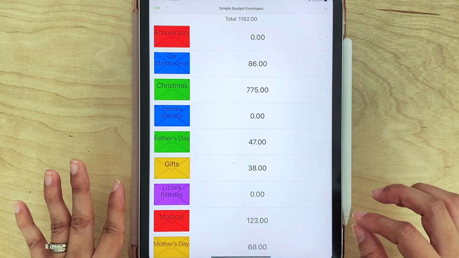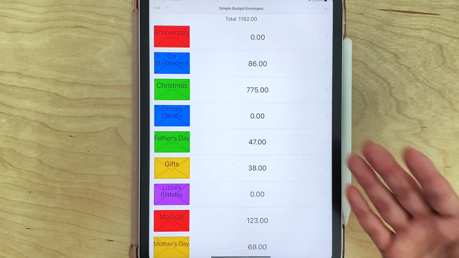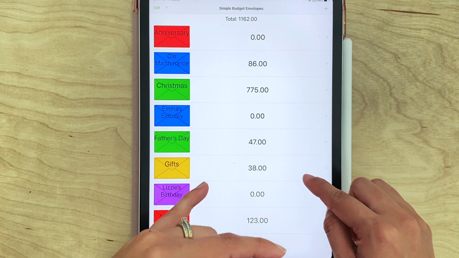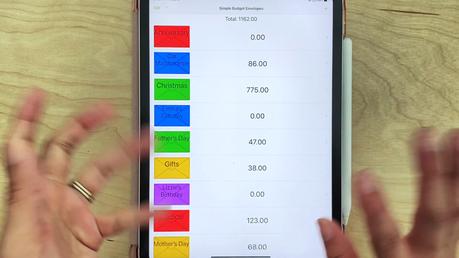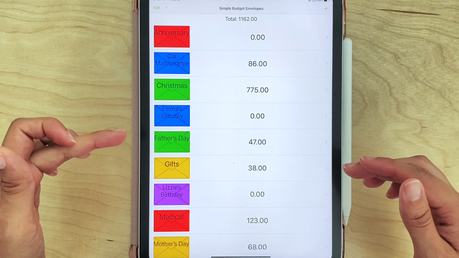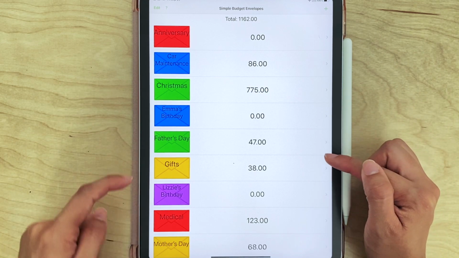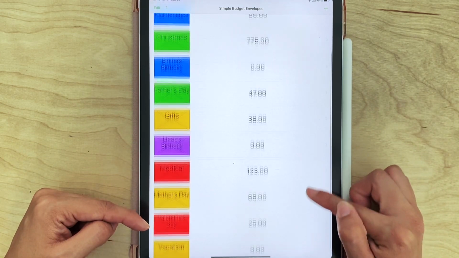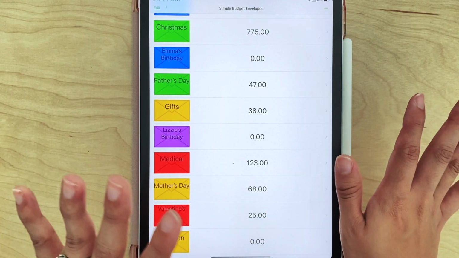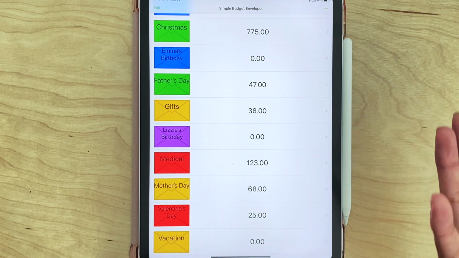Now, I am planning on, and I have to talk to my husband, of course, but I'm thinking, okay, gifts is something that I had thought, well, we can use the gifts for other people's birthdays and things like that. But I think that we might merge Father's Day, Mother's Day, and Valentine's Day to just be under gifts, because I honestly don't have a dollar amount for Mother's Day that we are wanting to save for, or Father's Day.